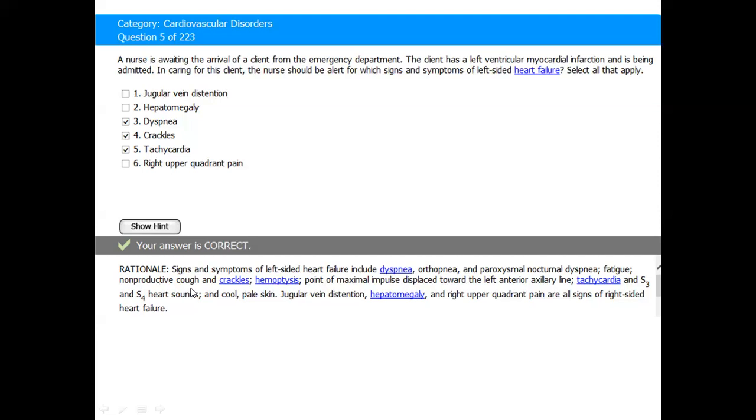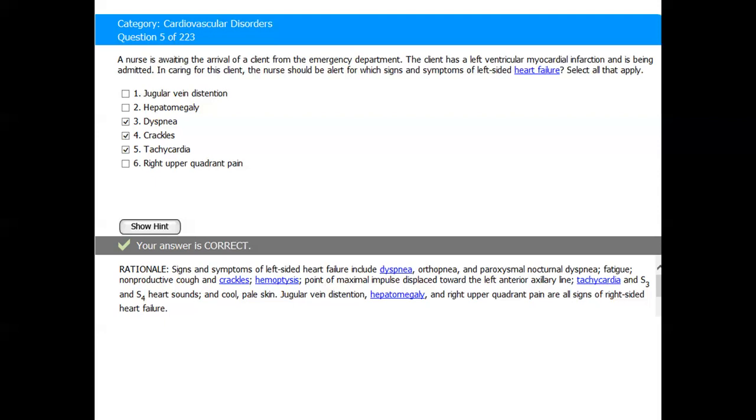Or non-productive cough, crackles, hemoptysis, cough mixed with blood. Or we can get the point of maximum impulse displaced towards the left anterior axillary line. So the apex beat is diverted towards the left axillary line.